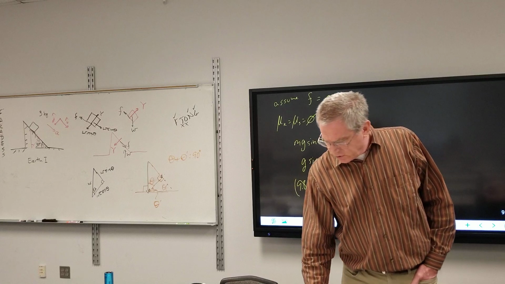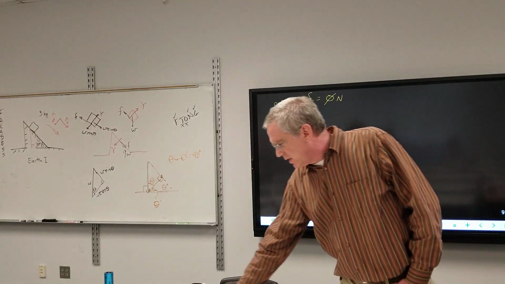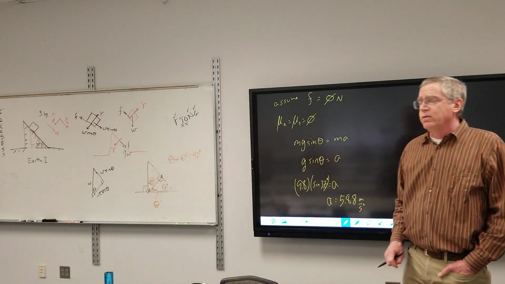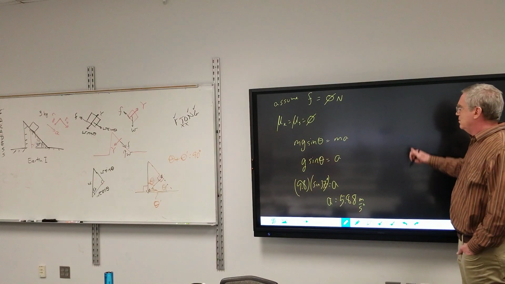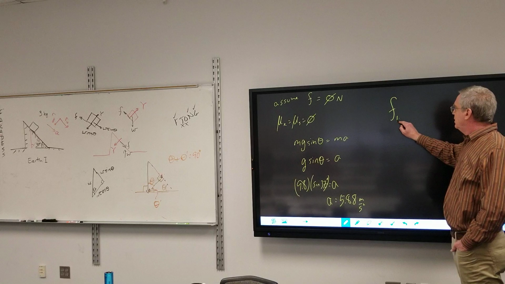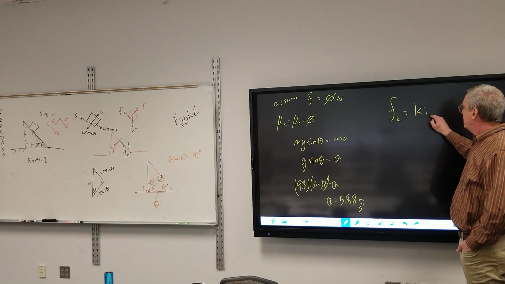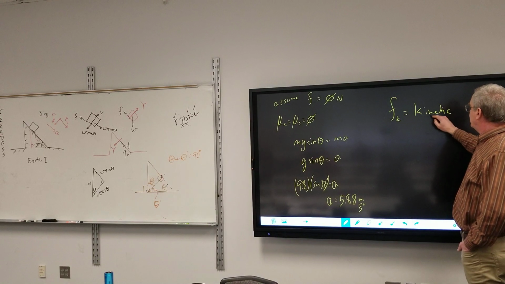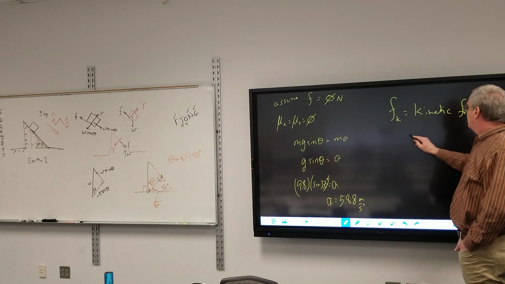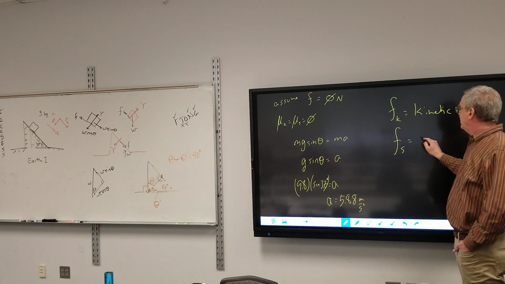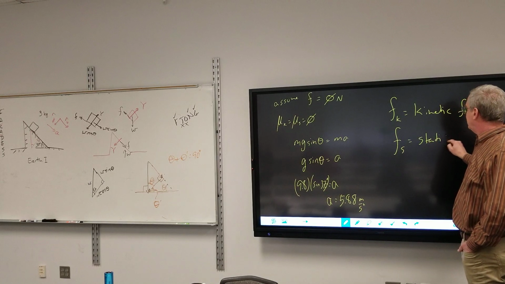I did mention that there are two types there. There's static friction and kinetic friction. We symbolize them very cleverly with a subscript K for kinetic and S for static.